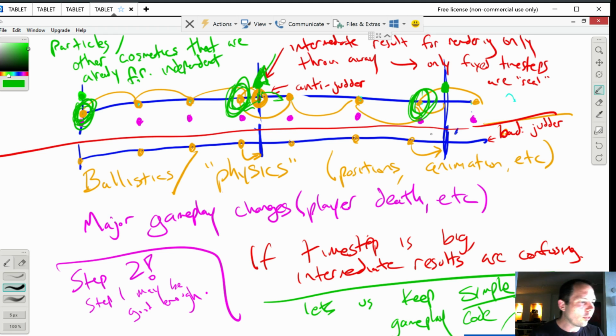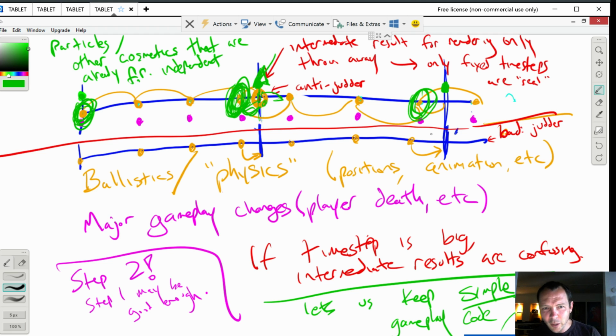Oh, could I store the state and then the time step? Yes, that would actually be a simpler solution. So someone suggested, and this is a good point, instead of storing the cosmetic result here and the state before it, you can just save the state before it and then the time step. You actually know the time step, right? Because it's just the time you want minus the time of that recording, and just simulate it forward again.